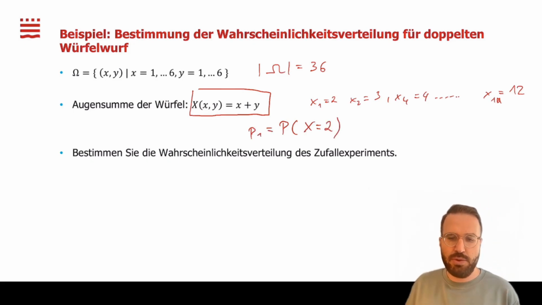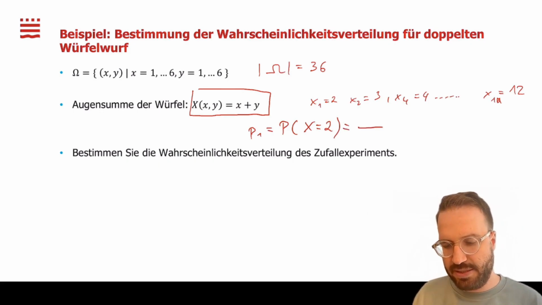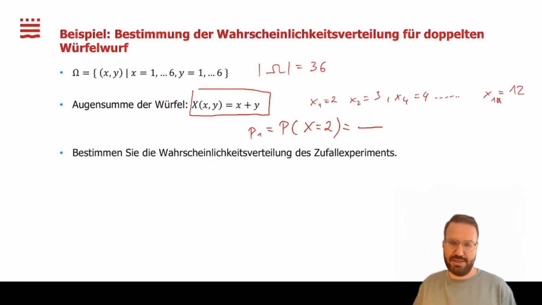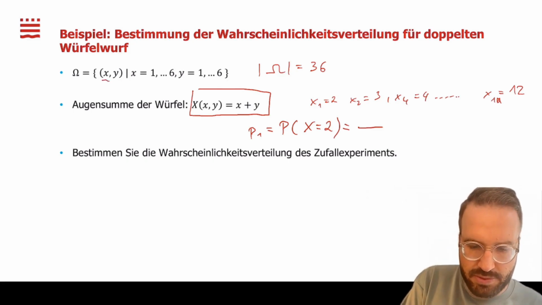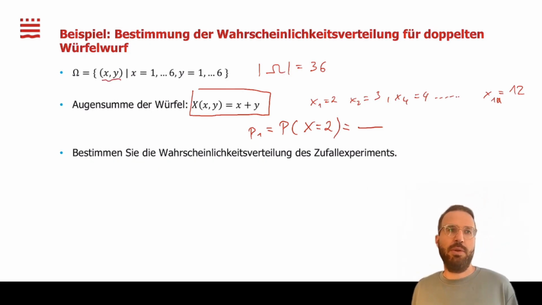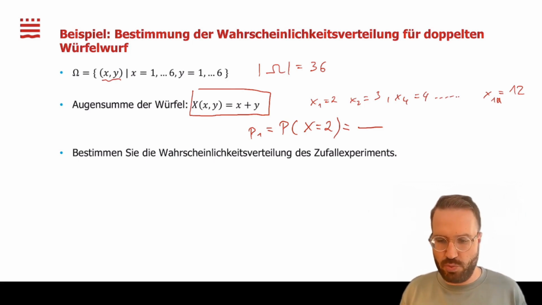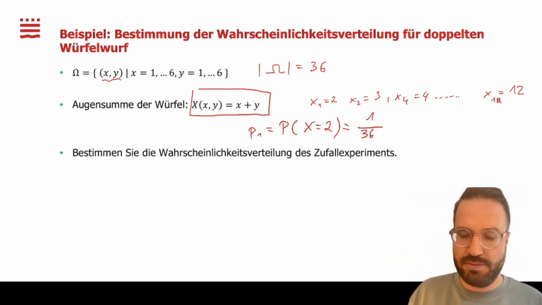And how do we do that? We need to consider that this is a Laplace experiment in the sense that each of these tuples is equally likely. So we need to count the possible tuples that result in a sum of 2, and there is only one tuple that does this, namely the tuple (1,1). This means we have 1 out of 36.